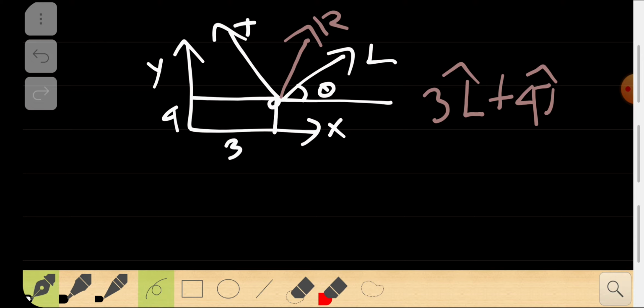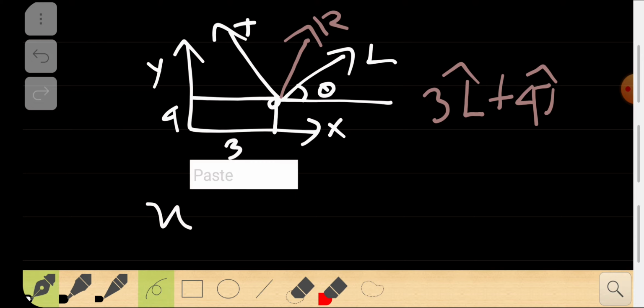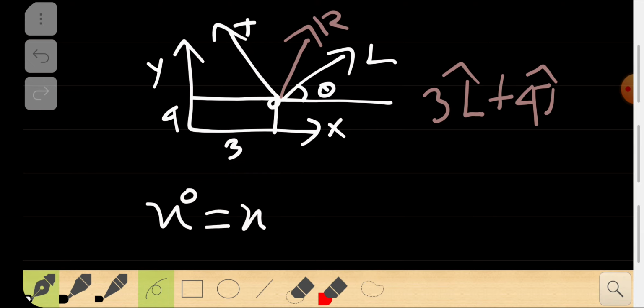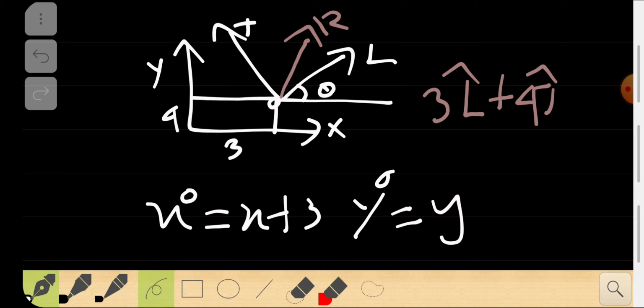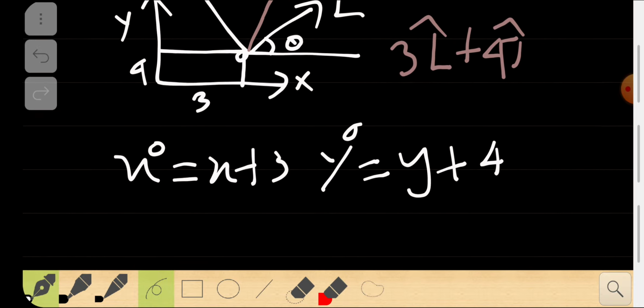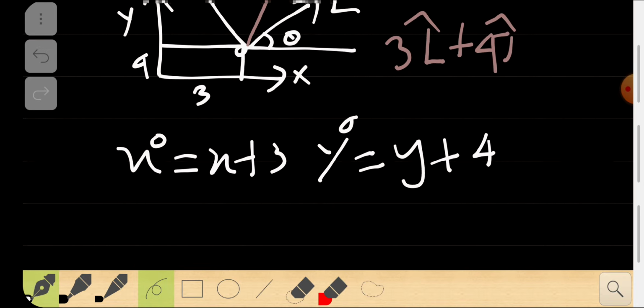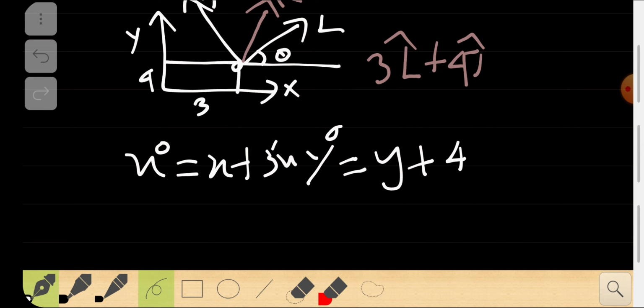If x0 is the origin, x0 has become x plus 3, and y0 has become y plus 4. So you can now write down x cap and y cap, these are vectors.